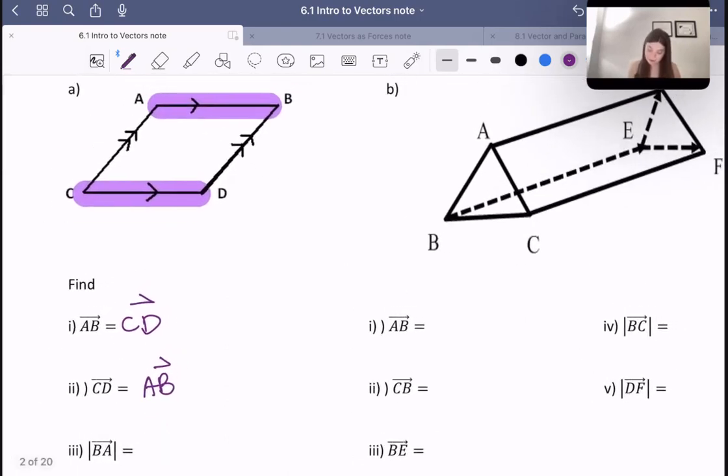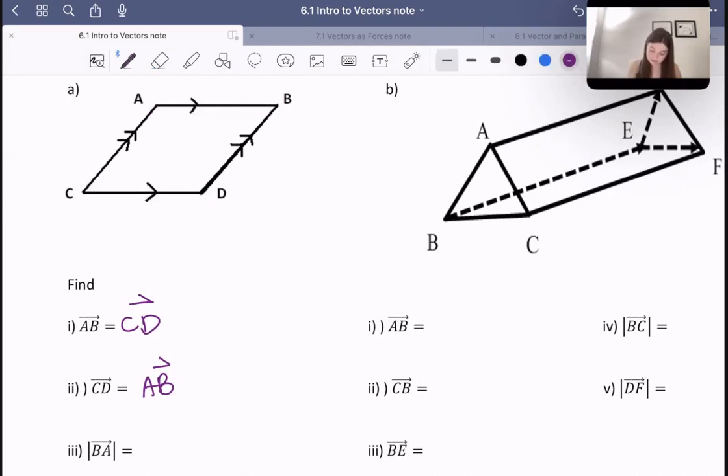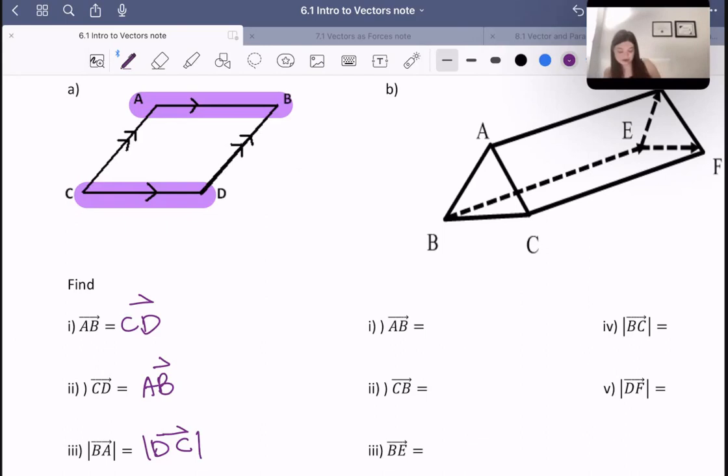Now, what about B to A? That's a different one. B to A is this one, going this way. So in this case, I'm going to say it's the same as DC, right? Because we're starting at B, going to A, and in this one, we're starting at D, going to C. Although, actually, there are a few different answers because I just noticed there are these magnitude bars around here.